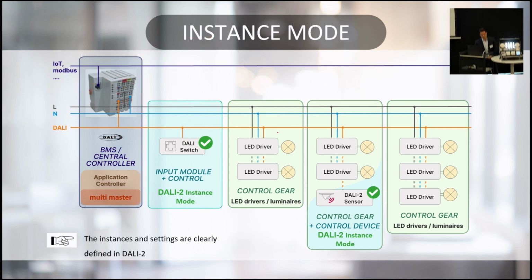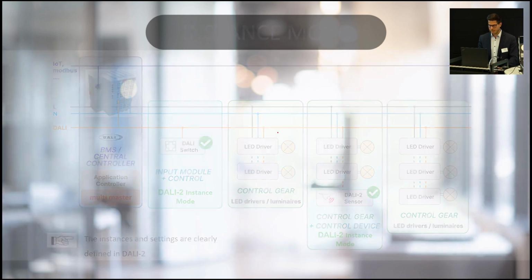And those instances, like pressing of T1, are defined with DALI-2. So the manufacturer of a BMS, of a central controller, knows exactly, according to the standard, what can be sent to him as an input, and then controls the devices accordingly to what is set up in the installation.